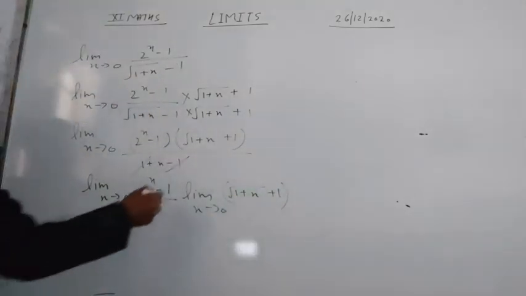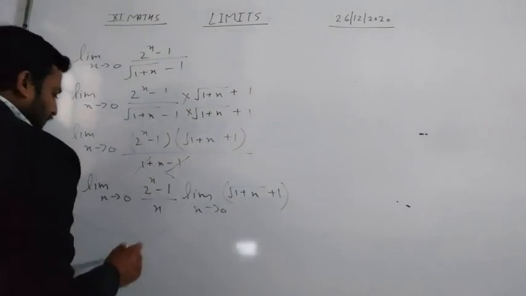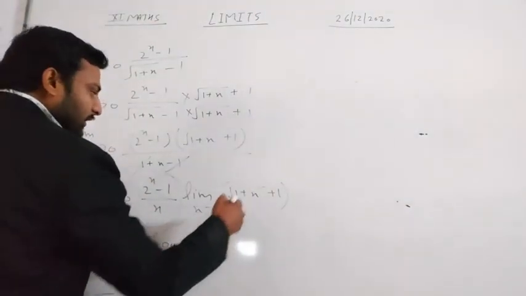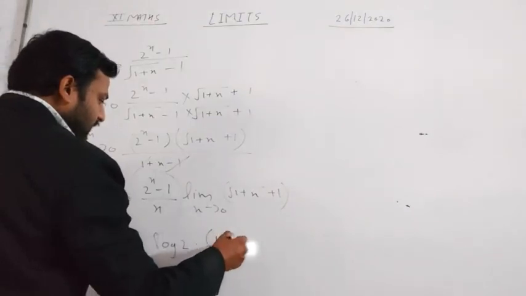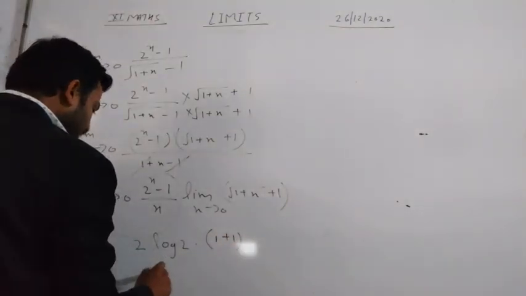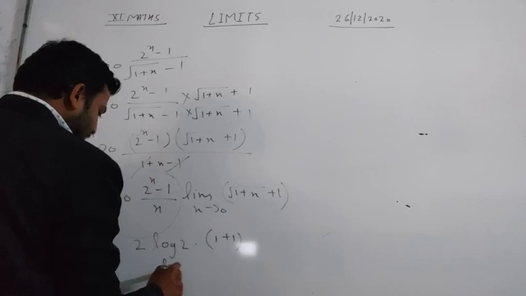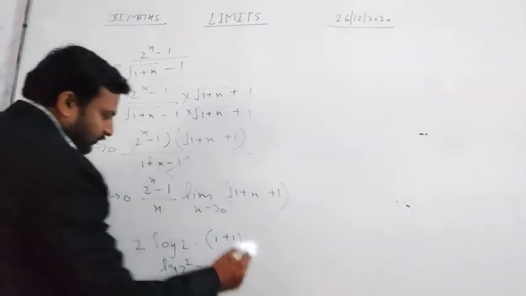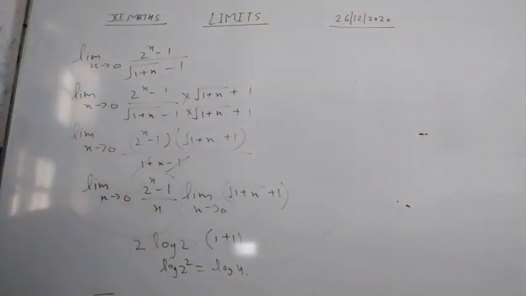Now this is our log of 2, and when we put the limit in this term we get 1 plus 1. So this is 2 log 2 and log 4. This is our required result. Okay, student. Now we see the next question.